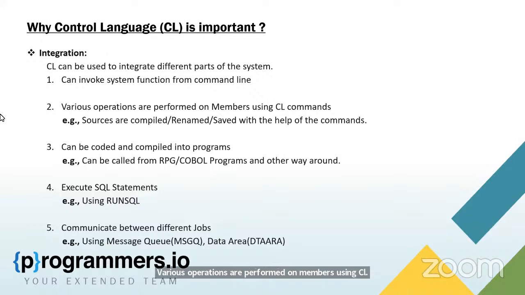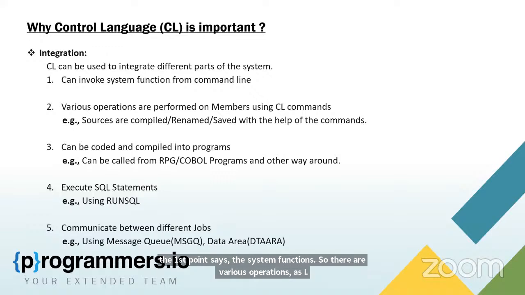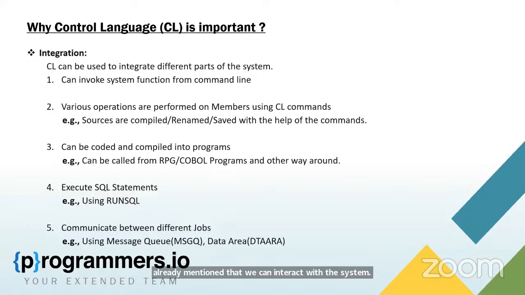As I already mentioned, we can interact and communicate with the system, and those functions we can perform using CL. Using CL commands, we can compile, rename, or save the members or the objects.